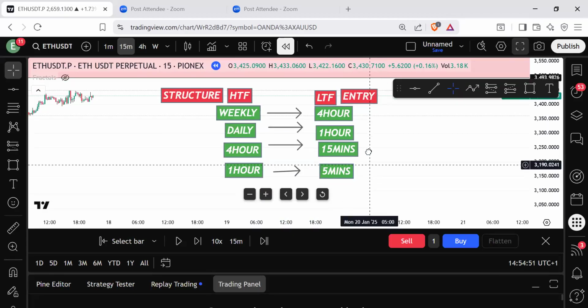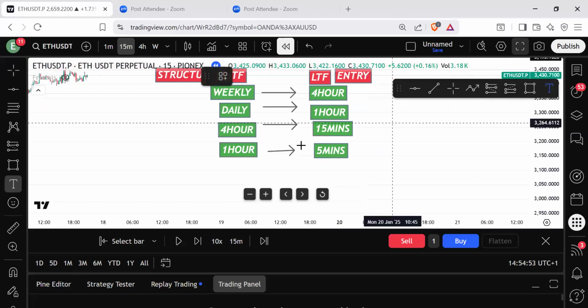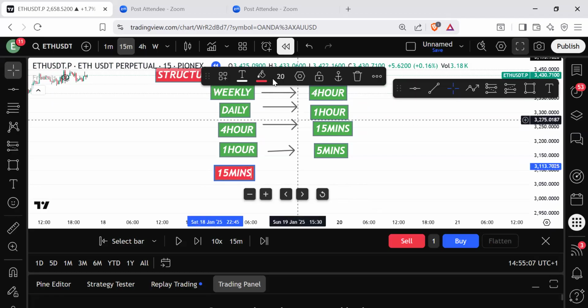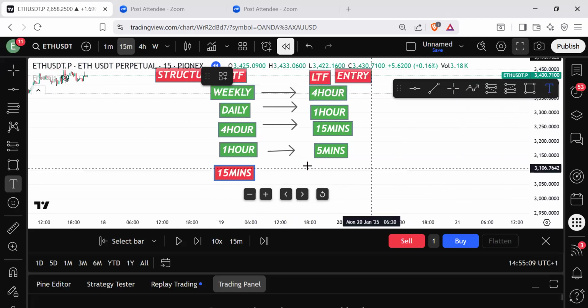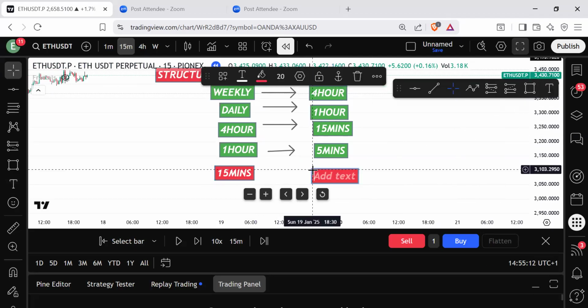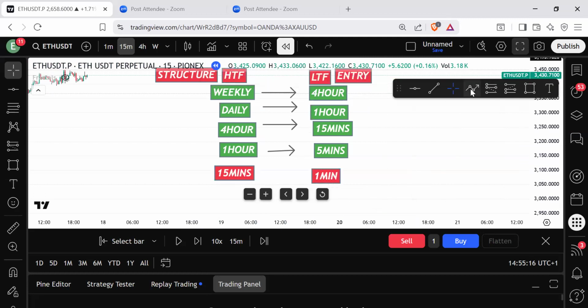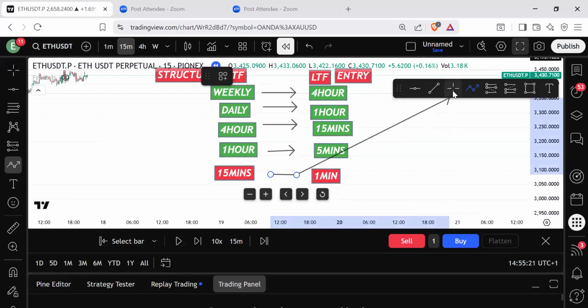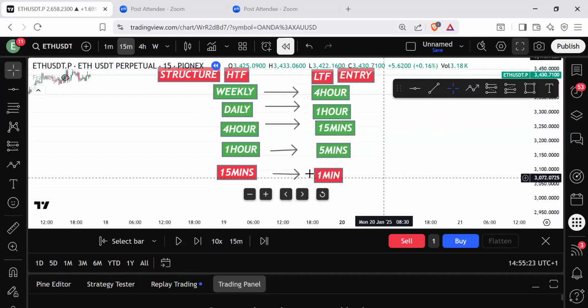You can still go lower, but I don't recommend this for a start, because the trend changes fast on these lower time frames. On 1 minute, the trend changes very fast.